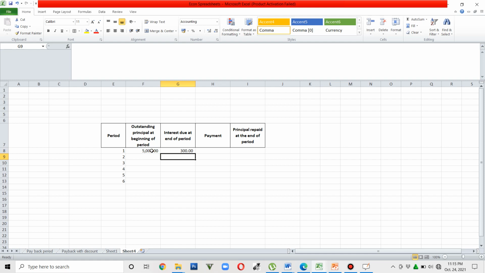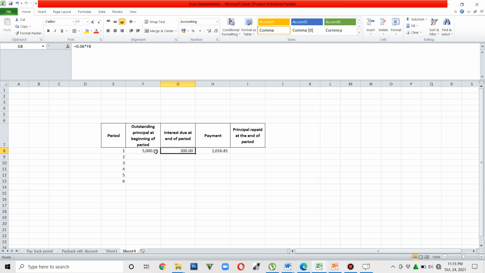So ngayon we have already computed yung equal payments, ano? 1,016.81. Okay. Ngayon, principal repaid. Of course, magkano yung nabayaran? Nabayaran mo na sa principal, which subtracts this one, interest due.